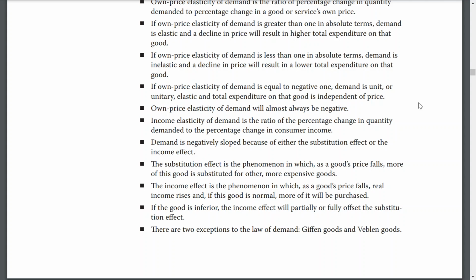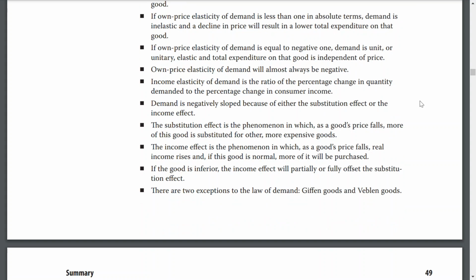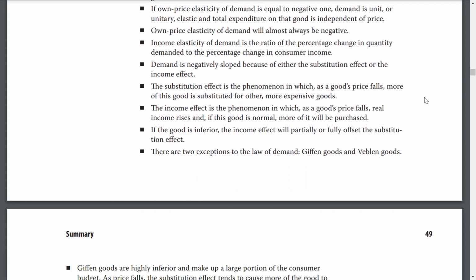Income elasticity of demand is the ratio of the percentage change in quantity demanded to the percentage change in consumer income. Demand is negatively sloped because of either the substitution effect or the income effect. The substitution effect is the phenomenon in which a good's fall in price makes more of the good be bought in substitution for other, more expensive goods.